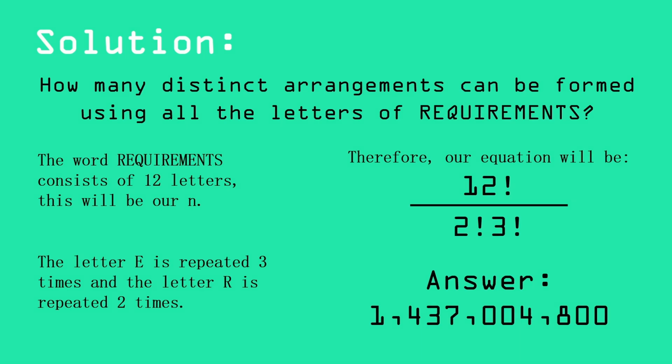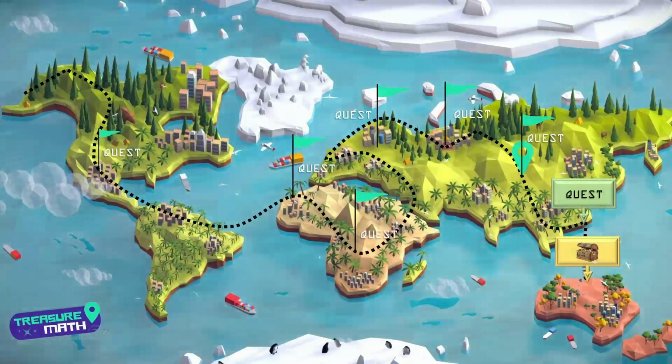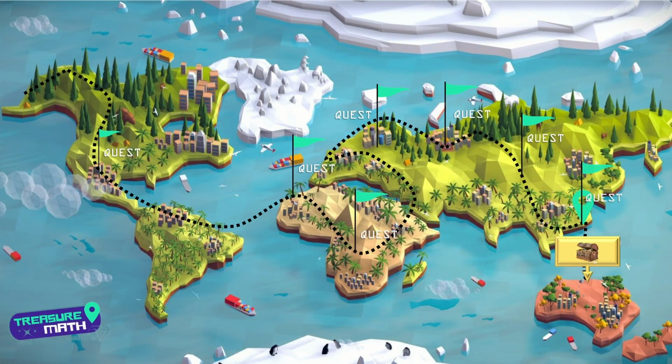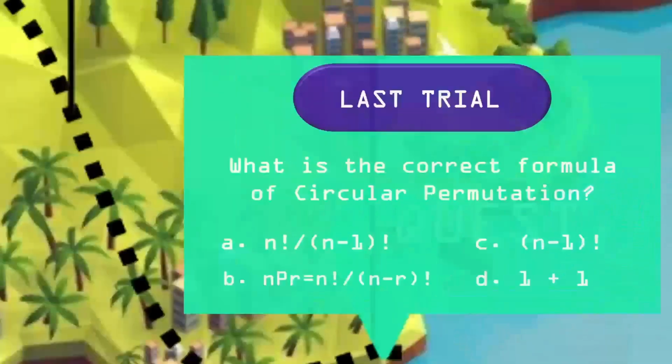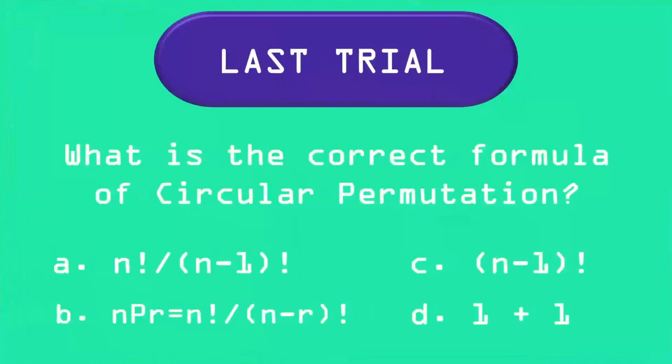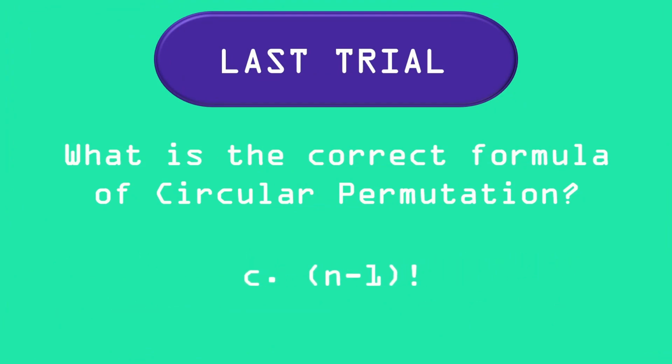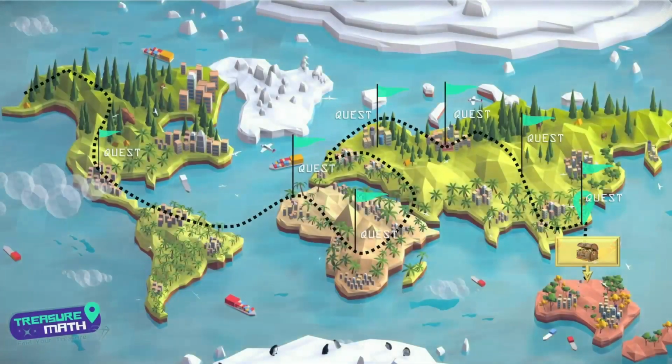What a genius! That was fast! Now, we're going on the last quest. What is the correct formula of circular permutation? A, B, C, or D? And the correct answer is letter C, n minus 1 factorial.